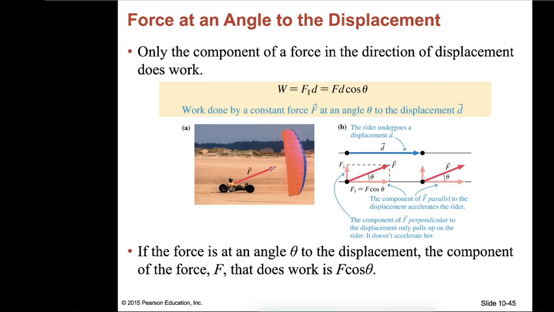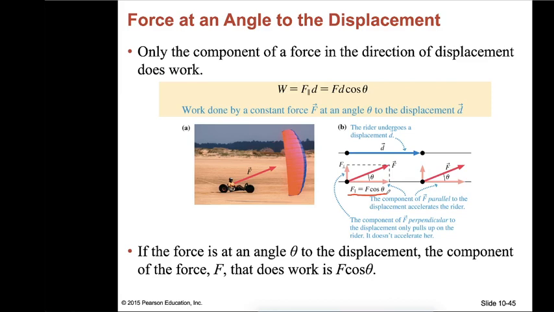How do we calculate the work? First, we can decompose the force into x and y directions. The displacement of this cart is to the right, in the x direction, so Fx, the x component of the force, is parallel to the displacement.